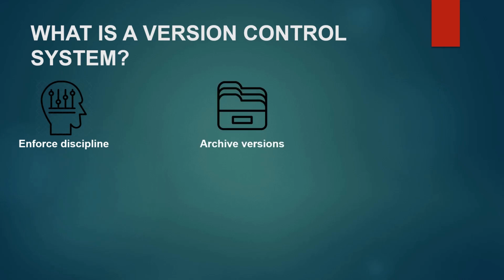Another important aspect of a VCS is that it allows you to archive versions. So you can store subsequent versions of source controlled items in a VCS. But not only can you store versions, you can also maintain a lot of interesting and important historical information about these versions.